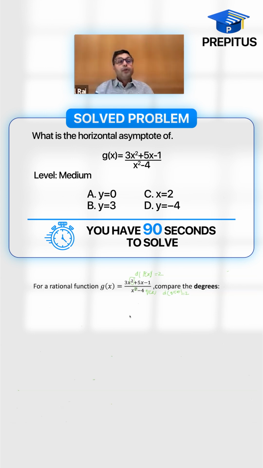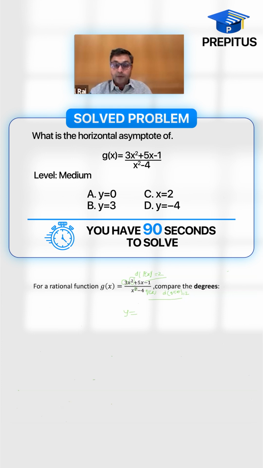Now we know, at least for the second case, where the degrees are equal, the degree is equal to 2. If that is the case, then the horizontal asymptote is given by the ratio of the coefficients of the highest degree. What I mean by that is, in the numerator, this is the highest degree and the coefficient associated with it is 3.